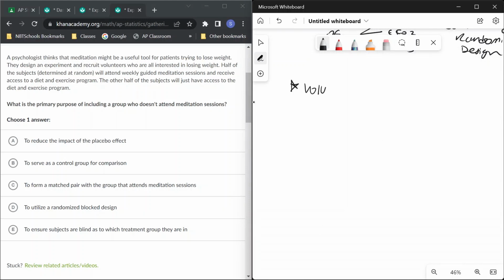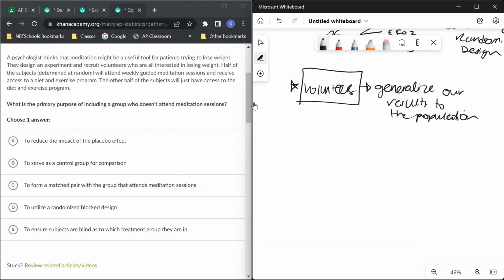to the population of whatever experimental unit we're studying, because they were volunteers, and that automatically is kind of like a bias thing.